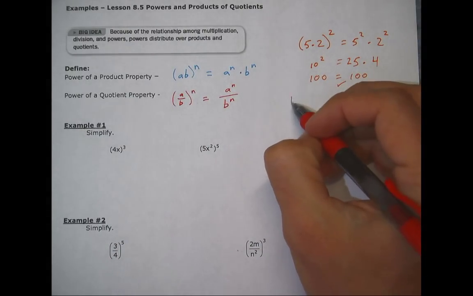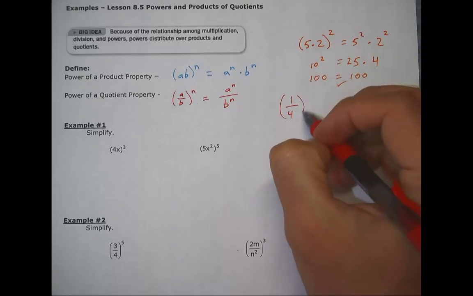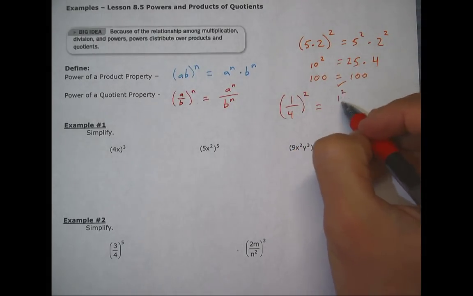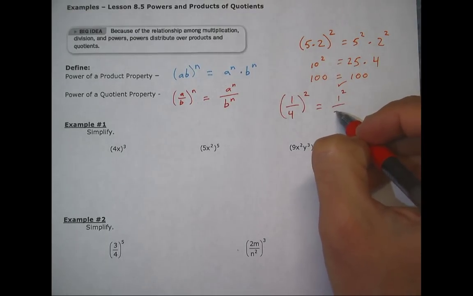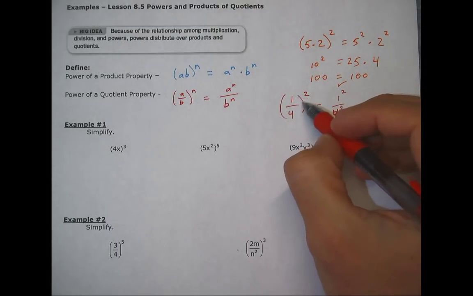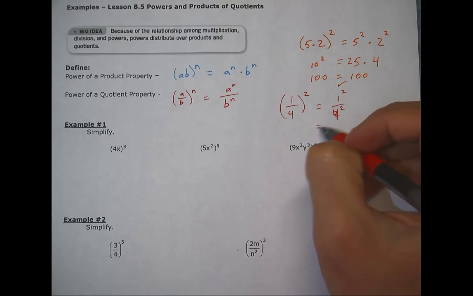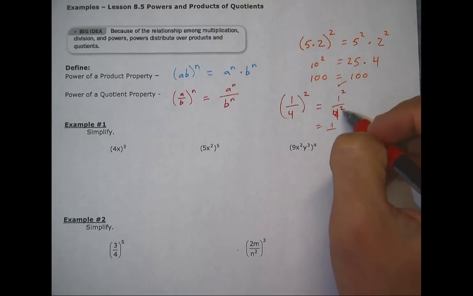Let's take (1/4) raised to the second. That should equal 1 squared over 4 squared. So basically the exponent comes in to both the numerator and denominator, and both get that exponent of 2. So 1 squared over 4 squared. And so we know that 1 squared is 1 and 4 squared is 16.